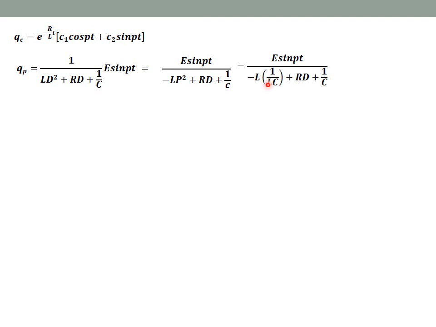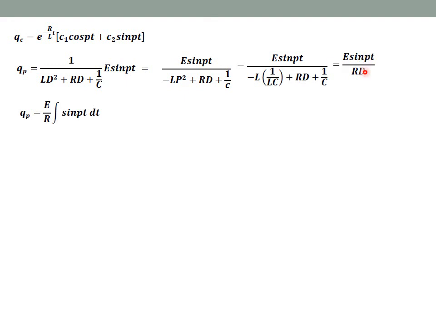So when I simplify this, L and L will get cancelled. Minus 1 by C will remain, and it will get cancelled with plus 1 by C. So what is remaining is E sin pt divided by RD. Okay.